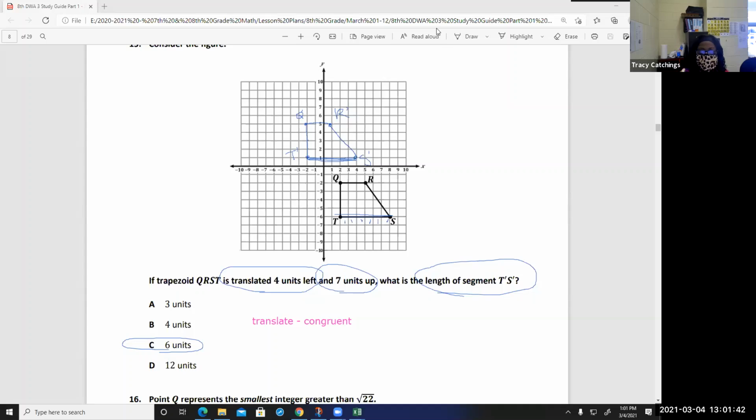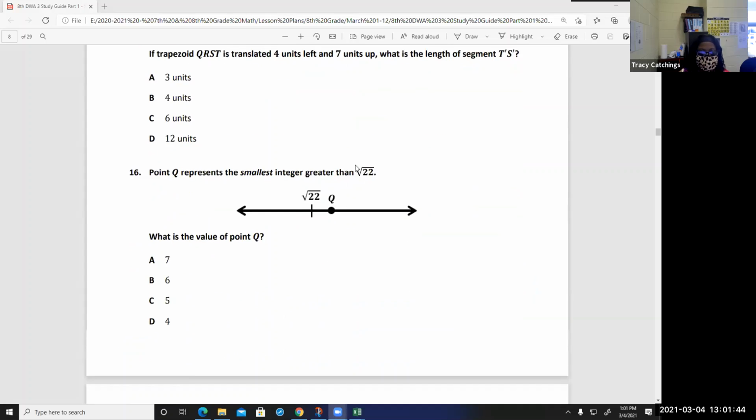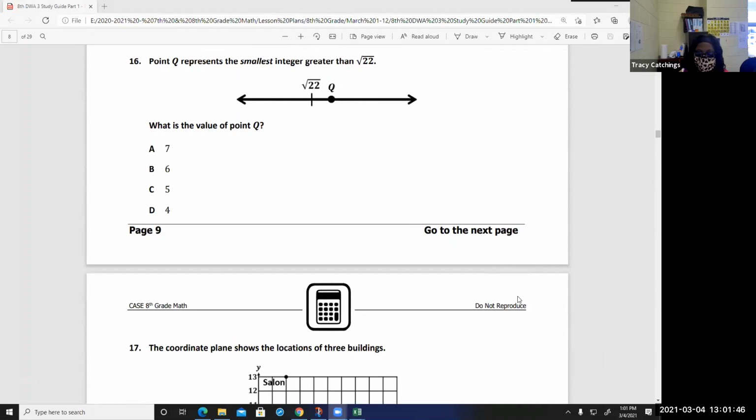All right. I'm trying to make it through the next one so y'all can get caught up with the others. All right, it says point Q represents the smallest integer greater than the square root of 22. What's an integer? All right, an integer are those positive and negative numbers, including 0. So that means we're looking for a whole number, positive or negative, including 0.